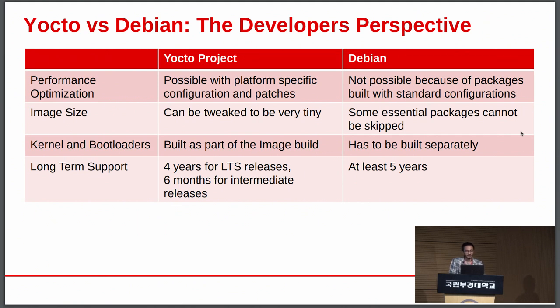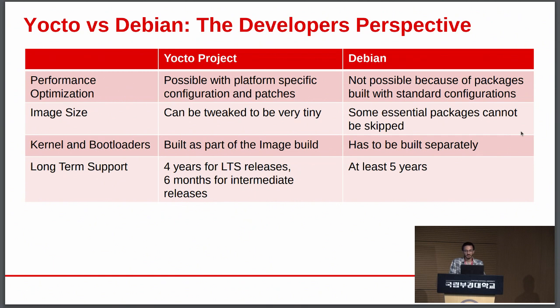And coming to the kernel and bootloaders part, the kernel and bootloader are built as part of the Yocto build. Usually those are present in the vendor specific layers for BSPs. In Debian, at least for the image builders that I have shown, for TI bdebstrap we build the kernel deb package and provide it in a PPA repository.